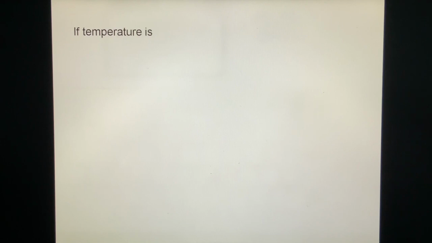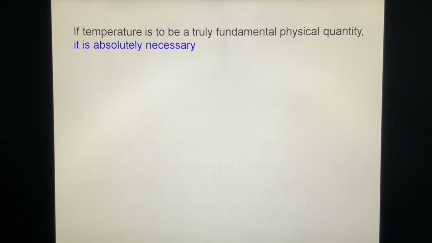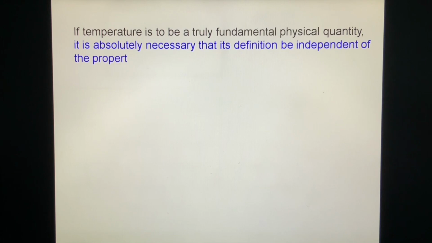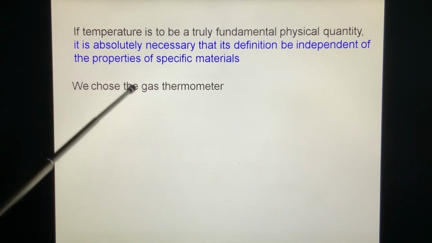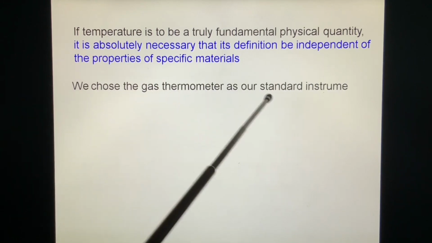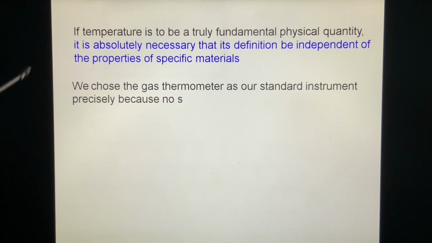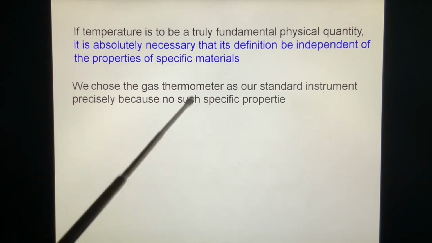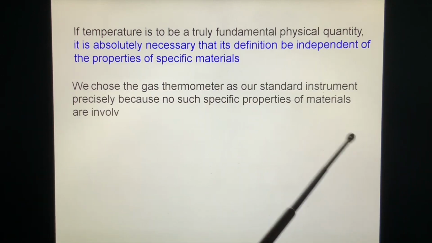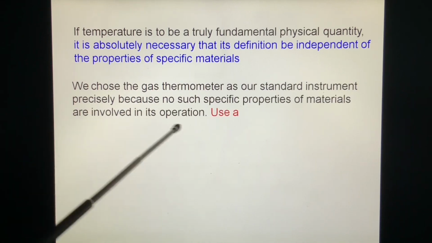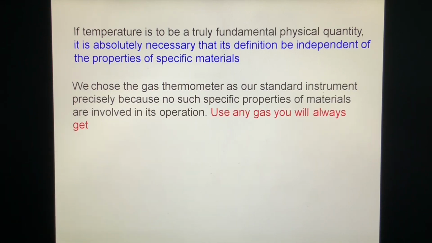If temperature is to be a truly fundamental physics quantity, it is absolutely necessary that its definition be independent of the properties of any specific material. We choose the gas thermometer as our standard instrument precisely because no such specific properties of materials are involved in this operation, as we mentioned before.